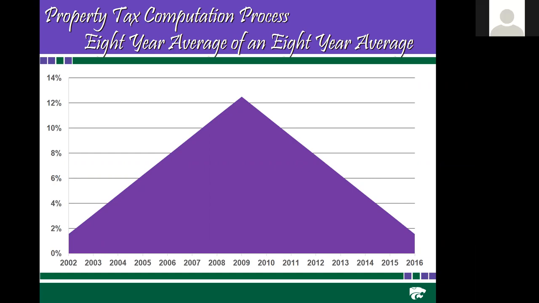And so 2009 has the most weight in the formula. 2009 right now is carrying a 1/8 weight, or 12.5% of the value. And then if you look at 2008, 2010, those values are right at about 11%.